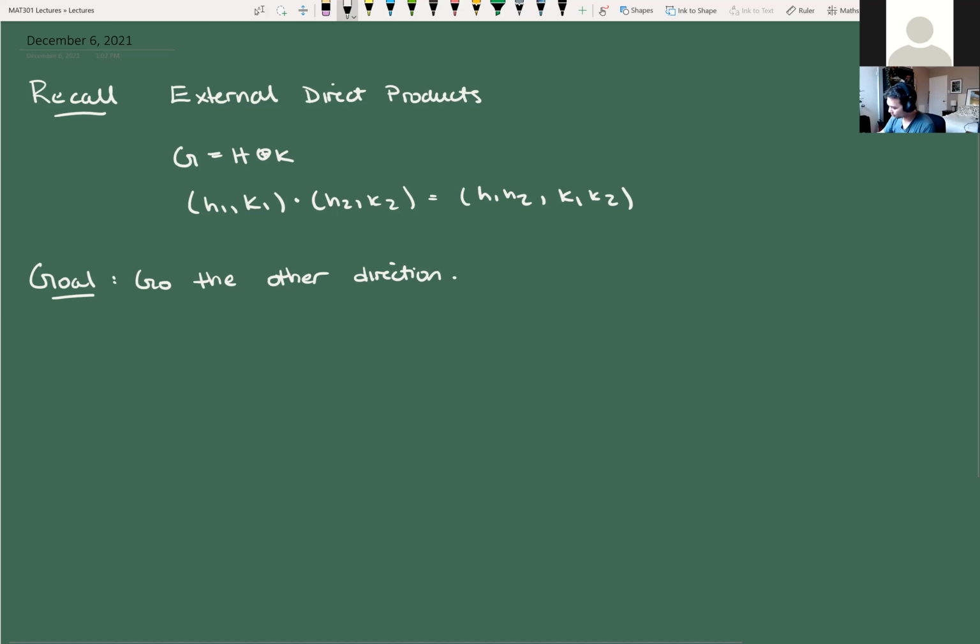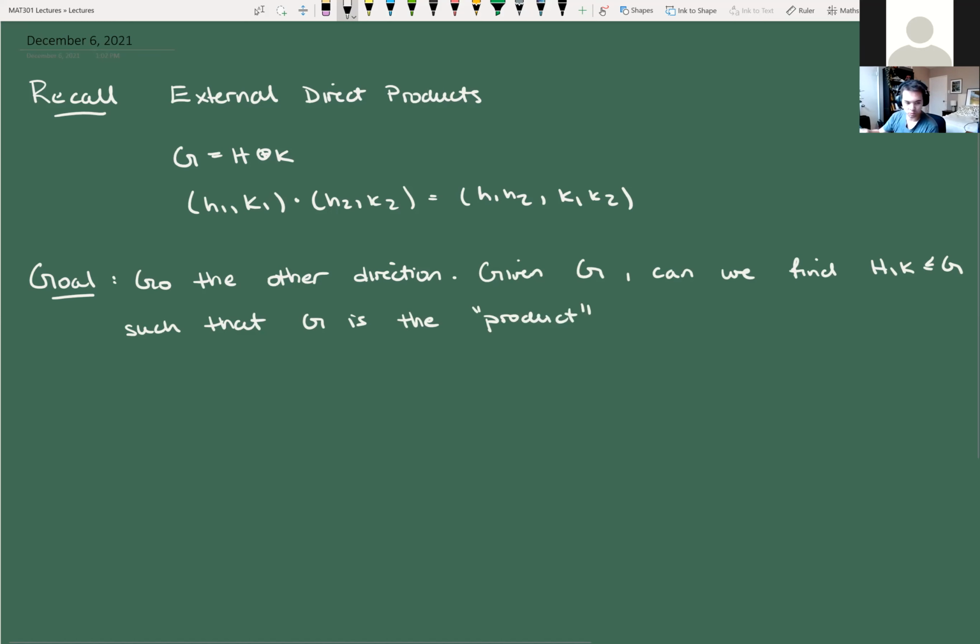That's what we want to do. So given G, can we find H and K in G such that G is the product, in quotes for now, and then we'll explain what that means, of H and K.